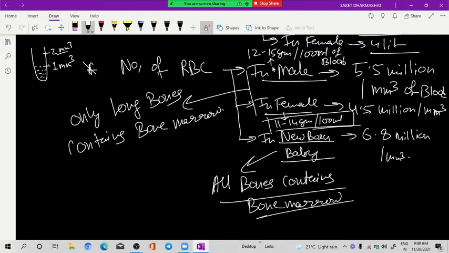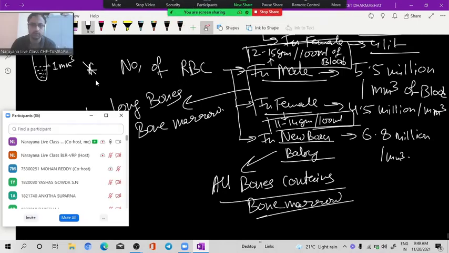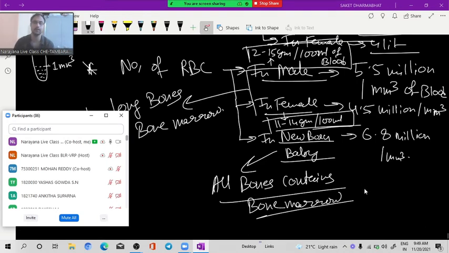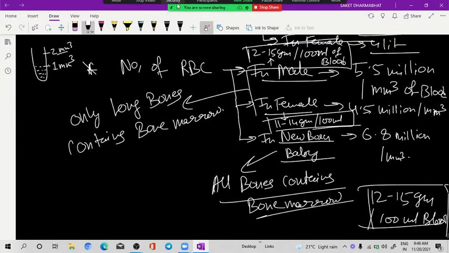Why? Because females lose hemoglobin because of the menstrual cycle every month. So you have to remember this value, 12 to 15 gram per 100 ml blood. This is the normal hemoglobin level.